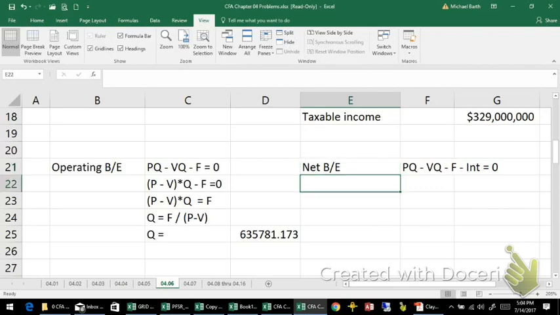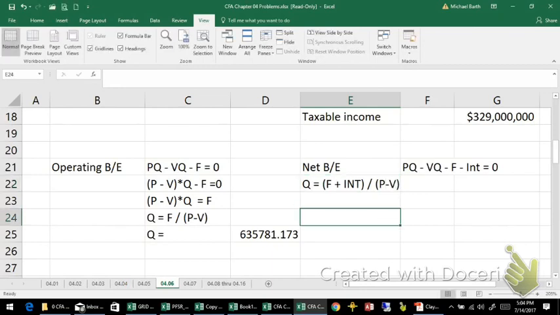All right, we do the same math and the formula is then Q equals the fixed cost plus the interest expense divided by P minus V. Okay?